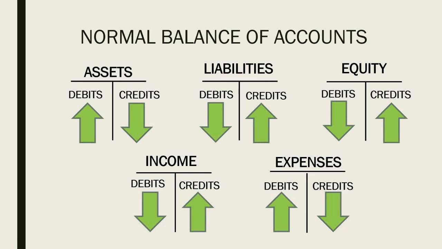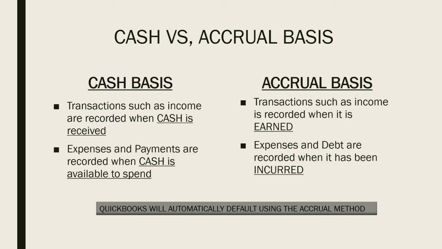In this case, because we're doing business, you should always think that you're going to get money by selling a product, okay? So that's what this normal balance does. And once again, this is only pertinent for accounting, okay? But for QuickBooks, guess what? QuickBooks will do the whole work for you without you even doing anything, okay?